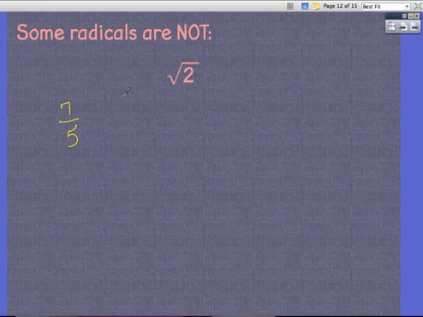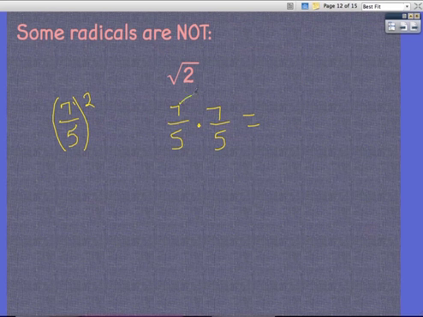Well, if I take 7 over 5 and square it, which means I'm going to take 7 over 5 and multiply it by 7 over 5. My rules of fractions tell me I multiply top to top, bottom to bottom, and I end up with 49 over 25. 7 times 7 is 49, 5 times 5 is 25.